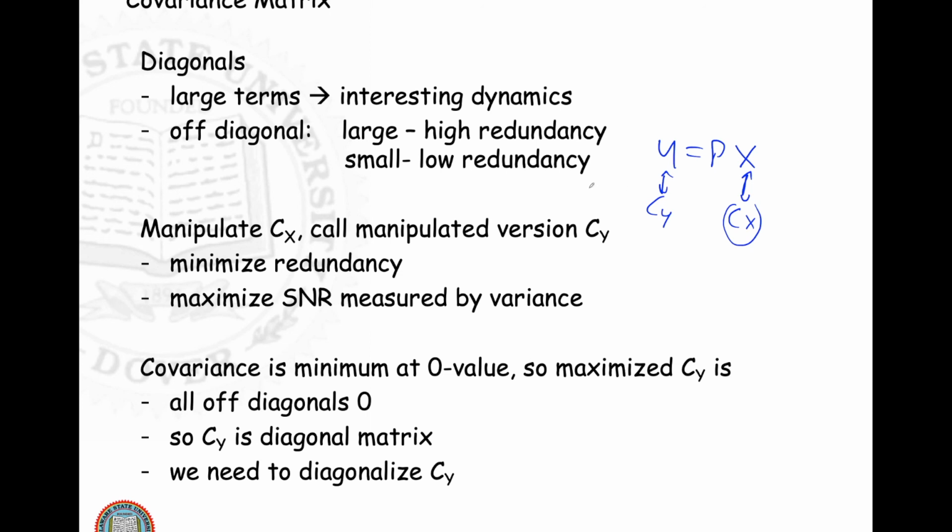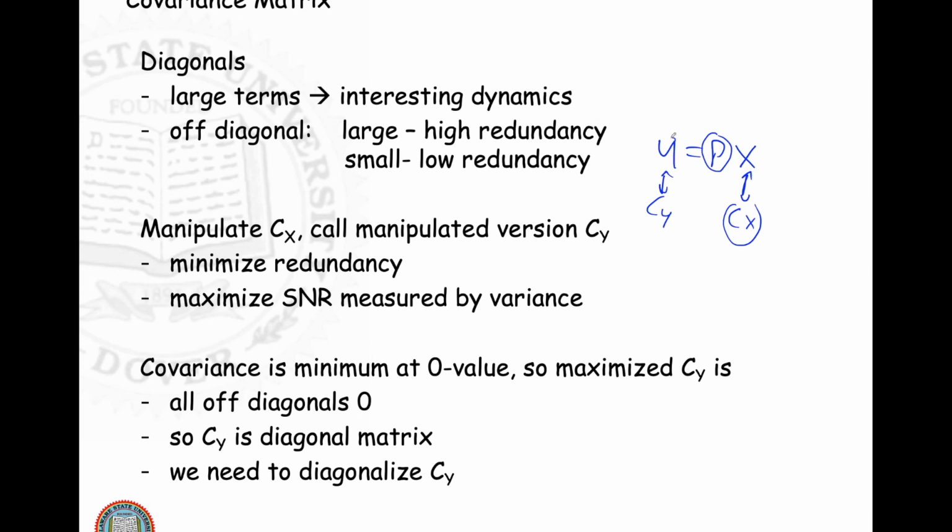How low can you make it? 0 is the lowest you can make it, while also maximizing the signal-to-noise ratio, where you're measuring that by the variance.